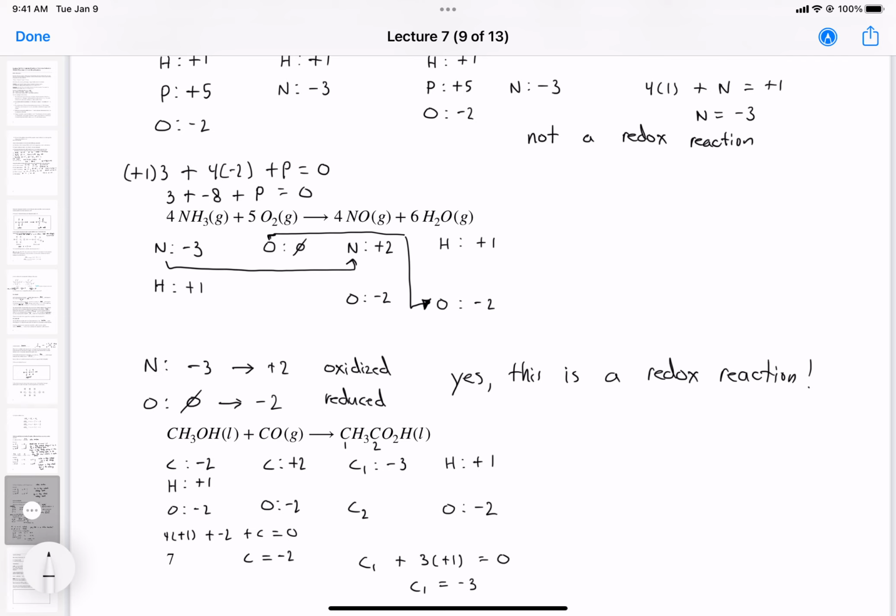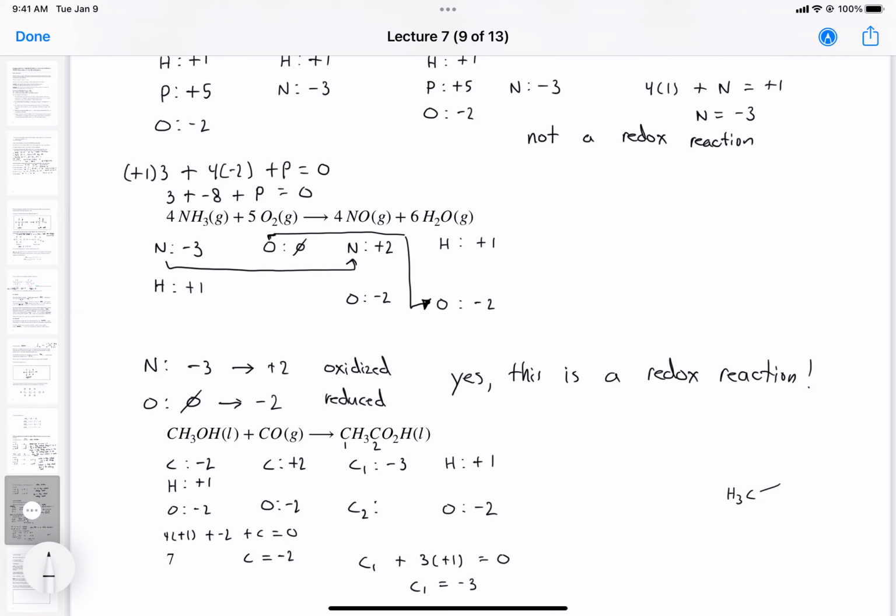Okay, carbon 2. It's next to the double bonded O, and the H is not attached to the carbon, so that's not going to influence the structure. So let's just redraw the structure here.